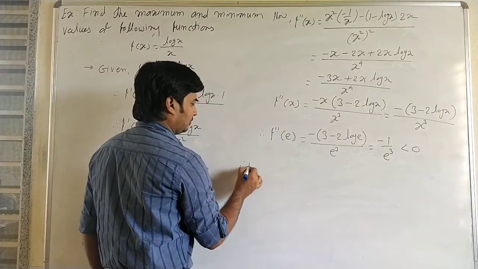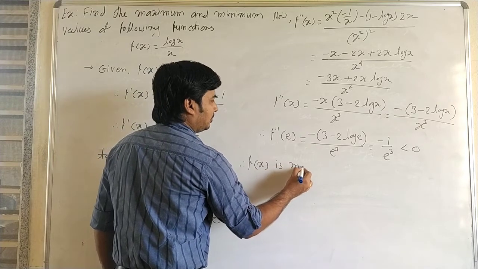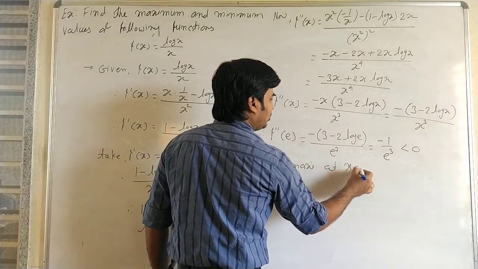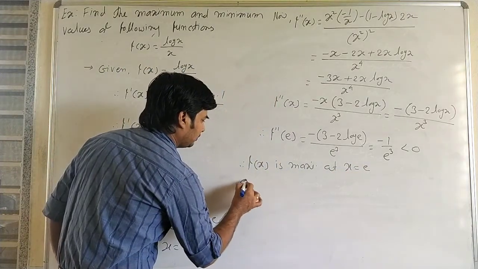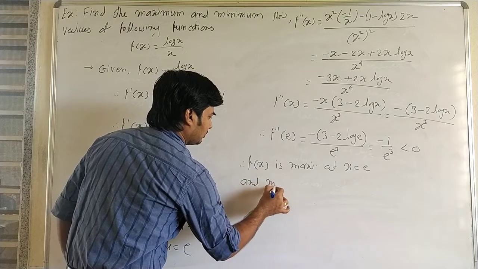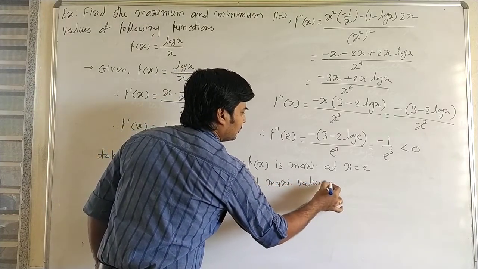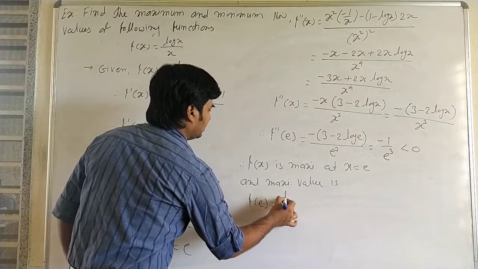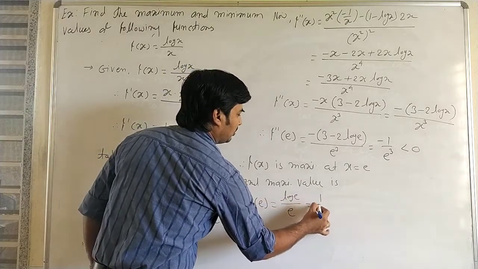Therefore f of x is maximum at x is equal to e, and the maximum value is f of e, it is log e upon e, and that is 1 by e.